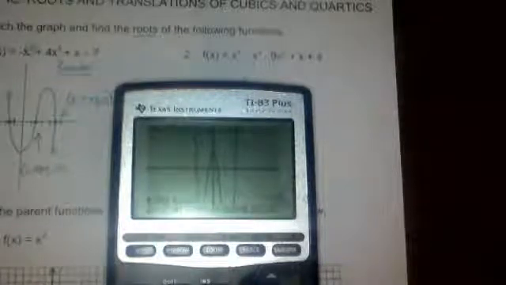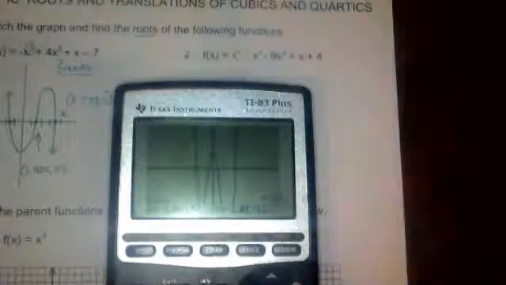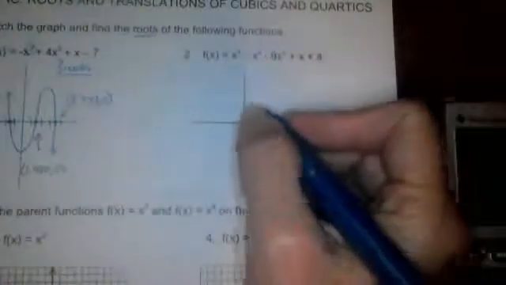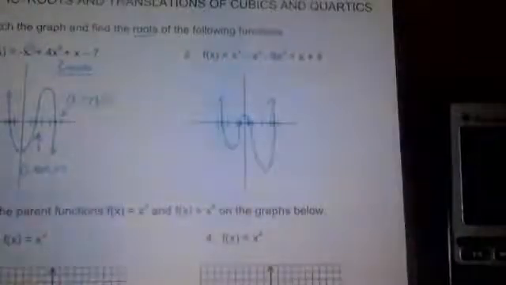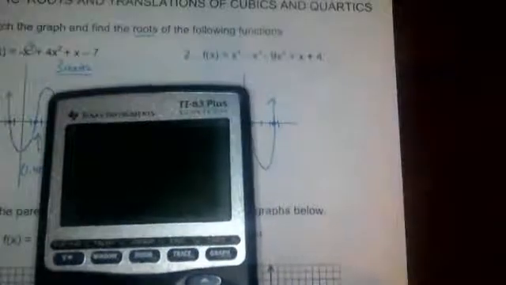Didn't mean to go that far, but there we go. So we have negative 2.502 if we round it up. So let's go ahead and sketch this one real quick. So there's our sketch, and that first zero was at negative 2.502.